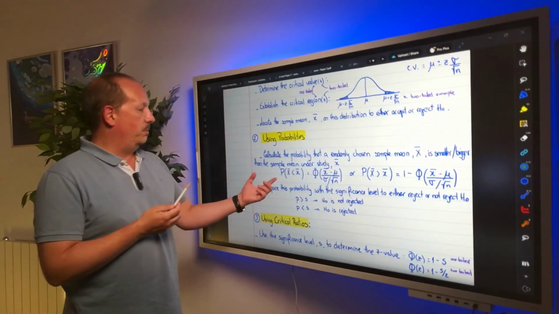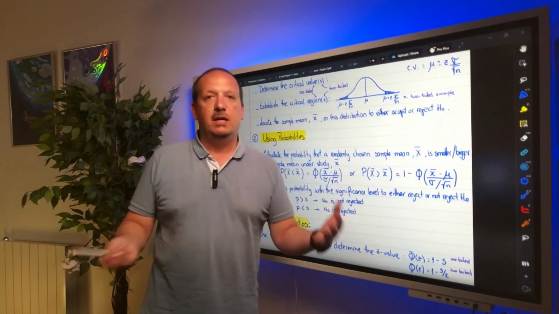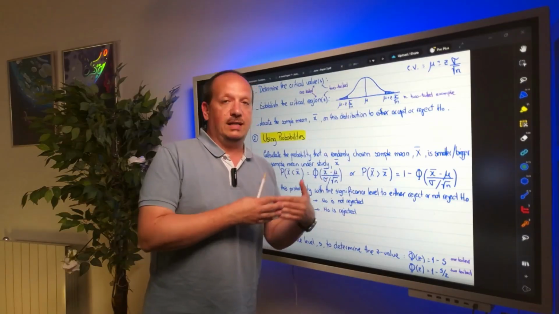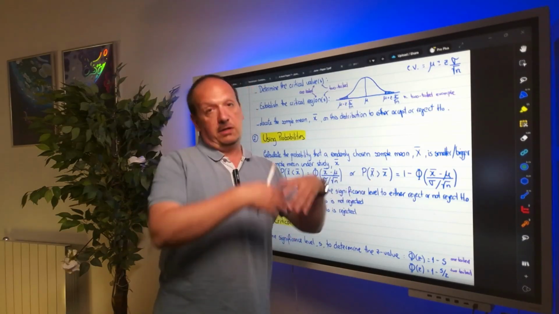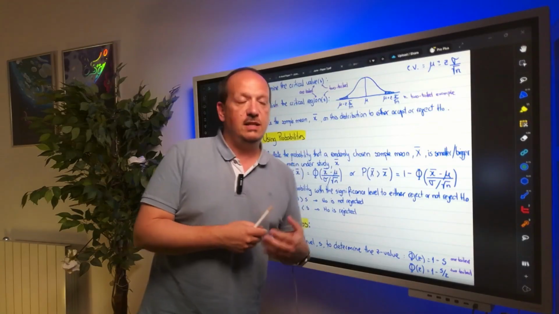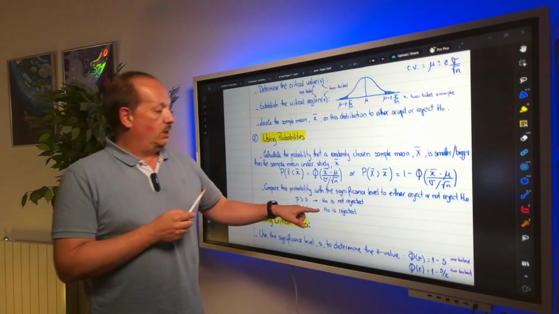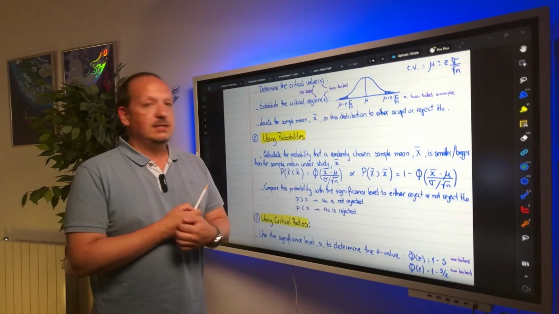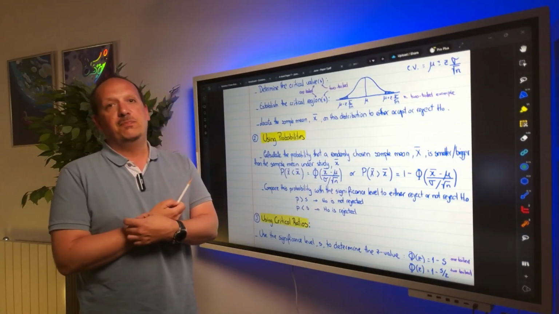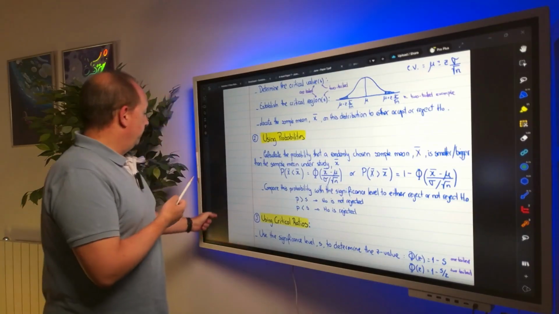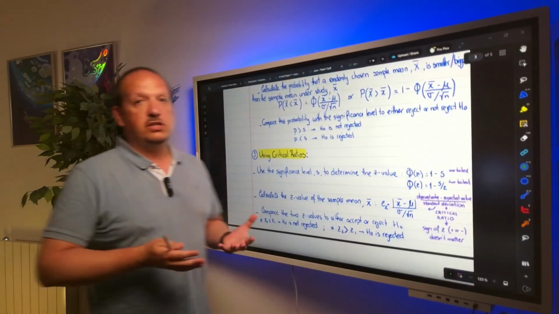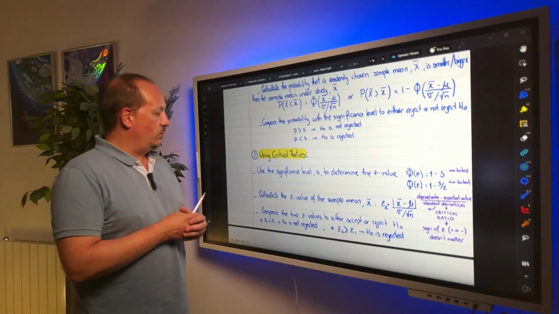Only when the probability that a random sample is smaller than the one that you have, or bigger, depending on the situation that you are studying, only when that probability is small are you able to reject H0.